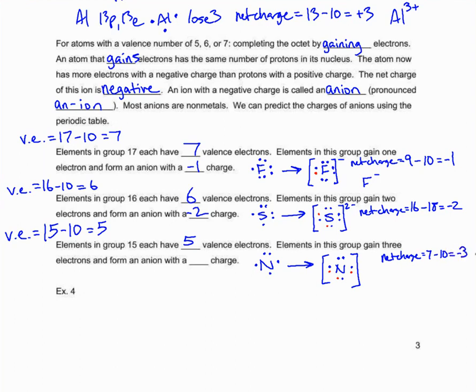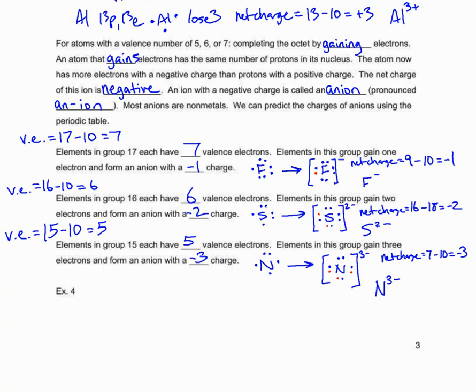And so it has a -3 charge. And so this electron dot structure that shows the complete octet is surrounded by brackets and the charge of the ion. And so we end up with nitrogen 3 minus. Let's write in the sulfur 2. So elements in group 15 will gain 3 electrons and form an ion with a -3 charge.